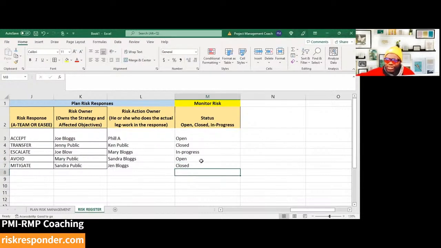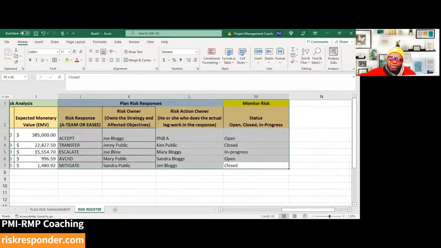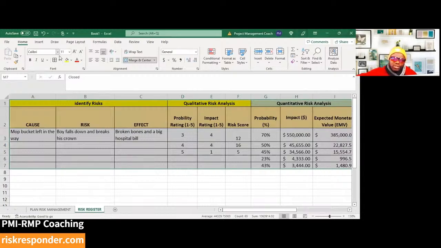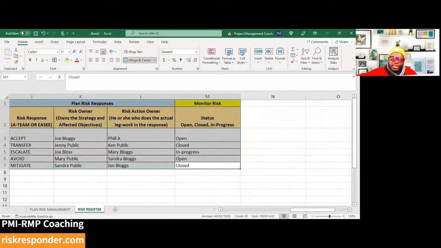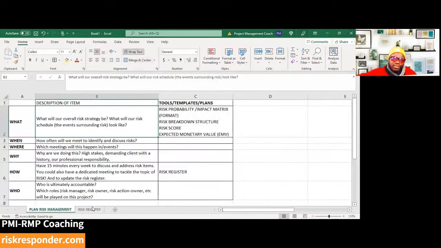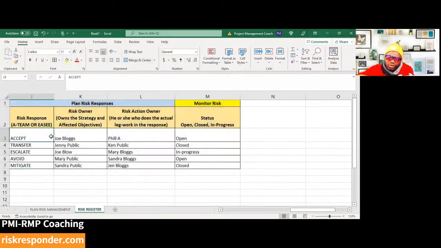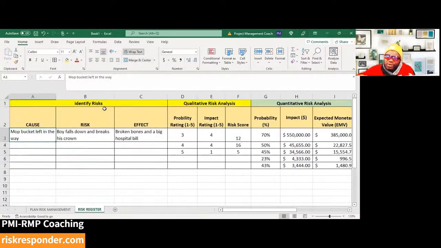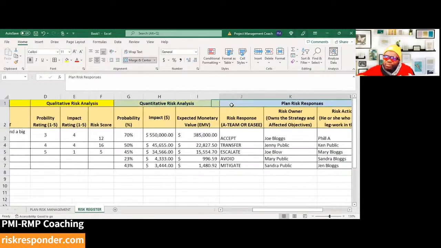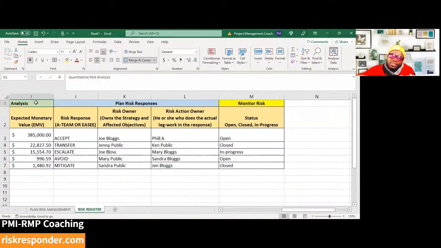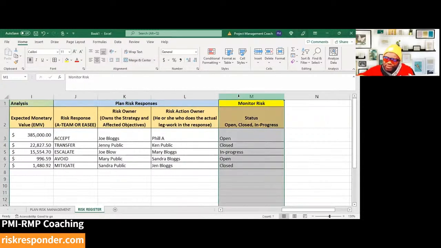And in monitor risk, again, this is going to happen all throughout the project. It's not just in one place. So those are your 7 processes. Plan risk management, that's planning how you're going to manage risk. Some of this stuff that we said we were going to use, we did use. So you plan risk management, then you identify the risk, cause, risk effect, then you perform a qualitative risk analysis, then you perform a quantitative risk analysis, you plan risk responses, you implement the response, right?